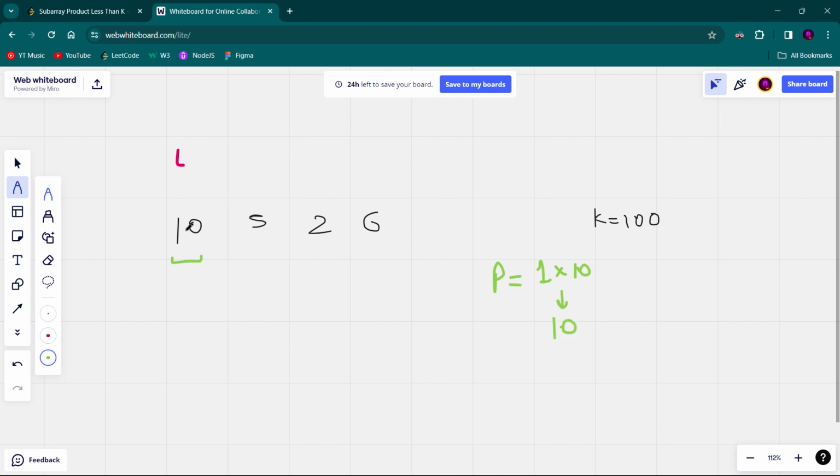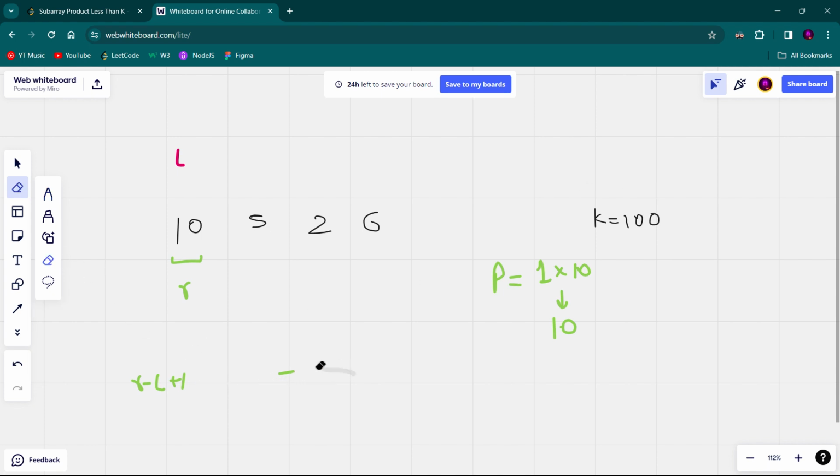So if my R is here, I can say R minus L plus 1 equals 0 minus 0 plus 1 equals 1. I have one subarray, the 10, which has a product less than k.